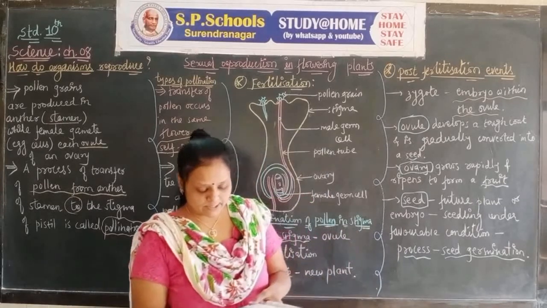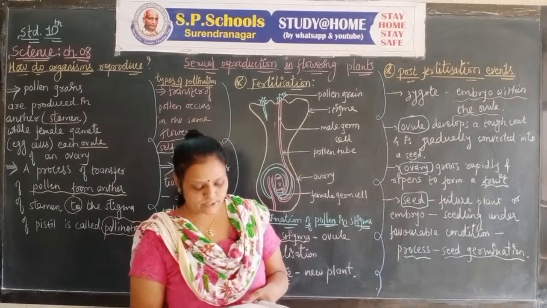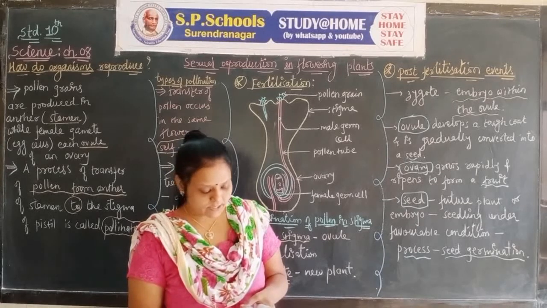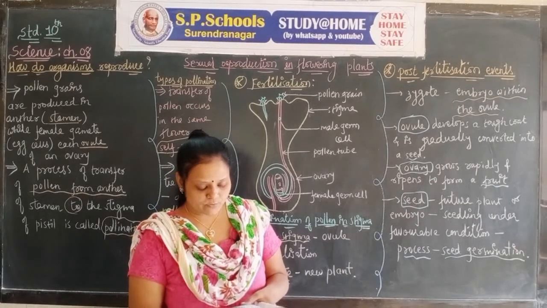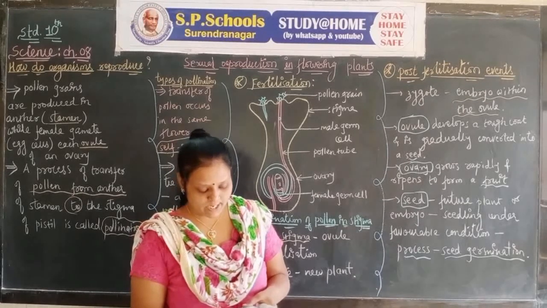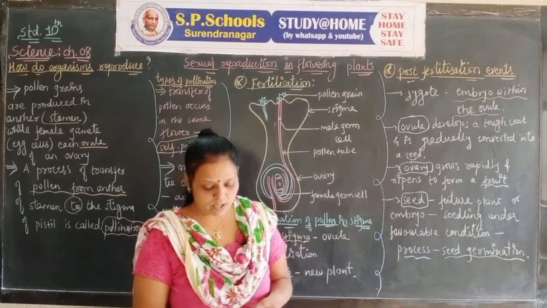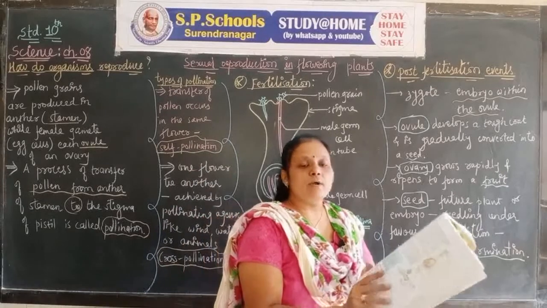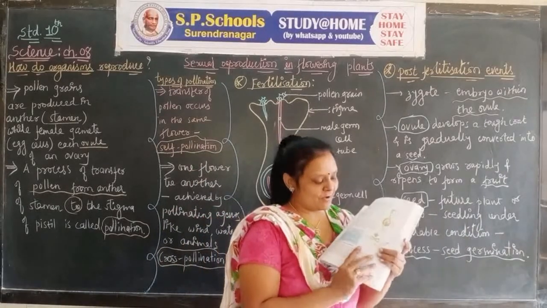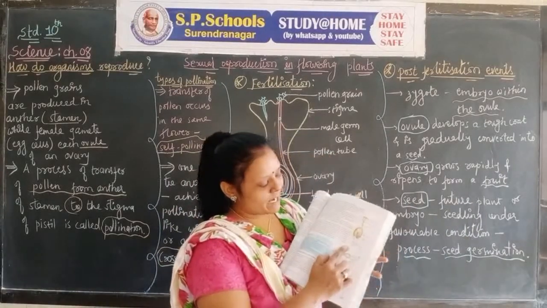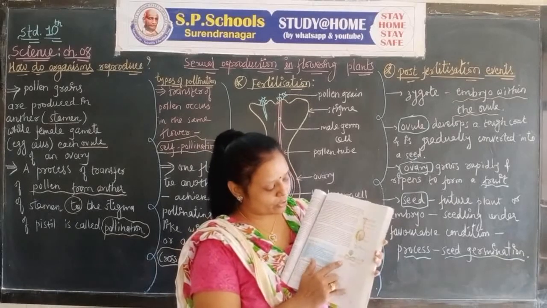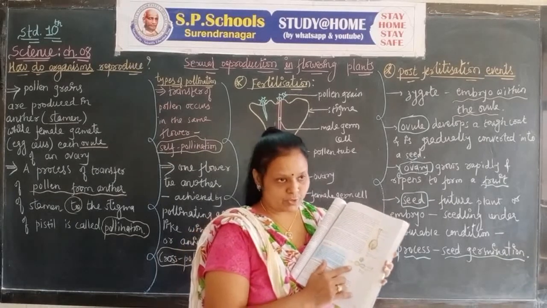Cut open the seeds carefully and observe the different parts. Compare your observation with figure 8.9 and see if you can identify all the parts. You have to draw figure 8.9, which is related to germination.